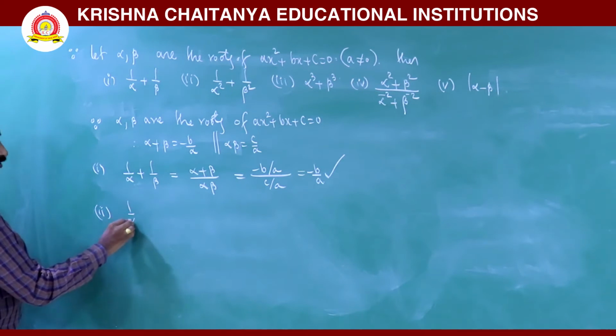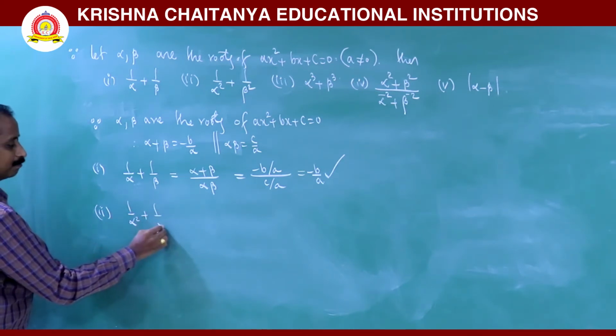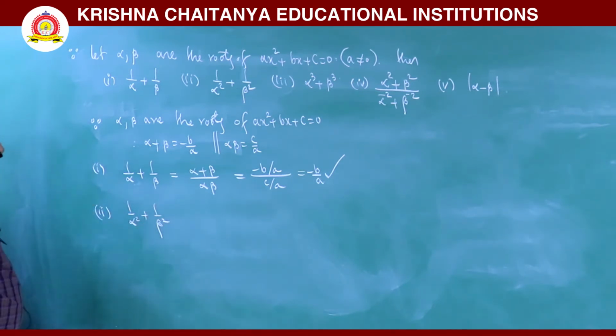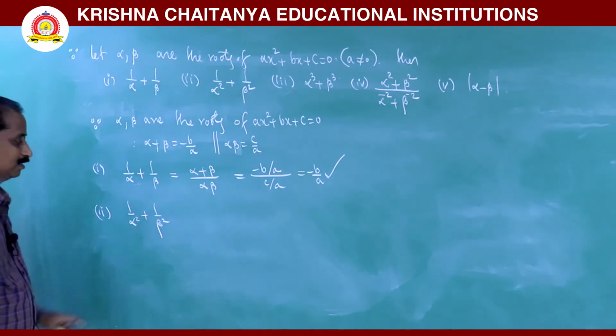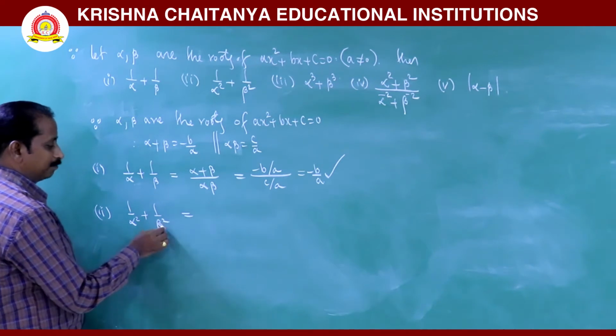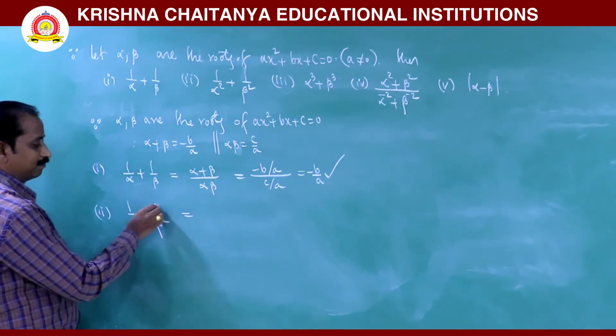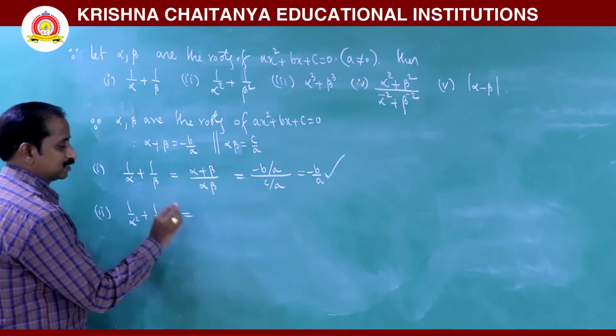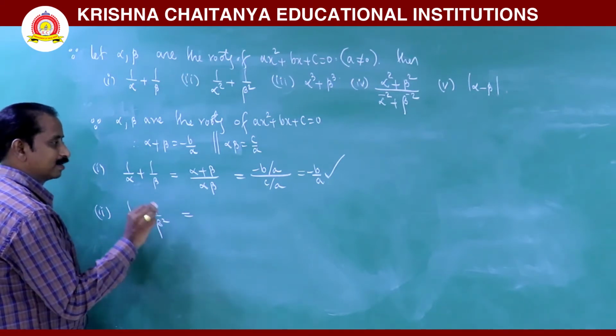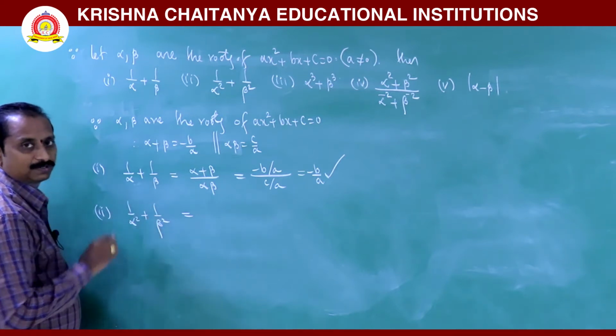1 by alpha square plus 1 by beta square. LCM should be alpha square into beta square. Take LCM. After LCM, beta square plus alpha square by alpha square into beta square. Sum we can write in any order, answer should not be changed.